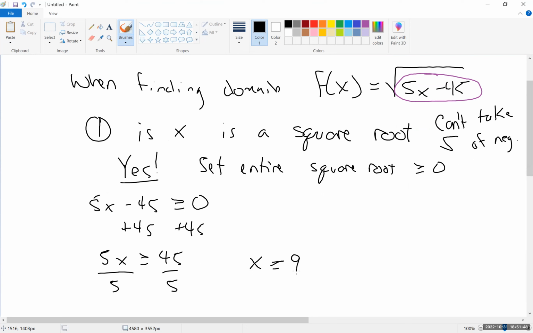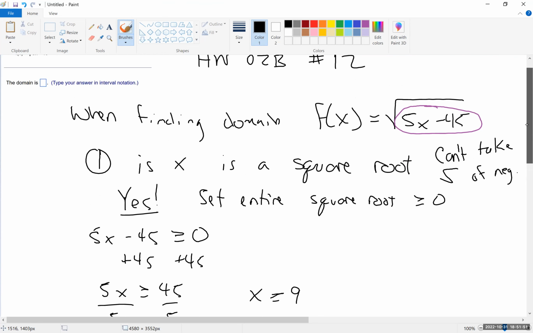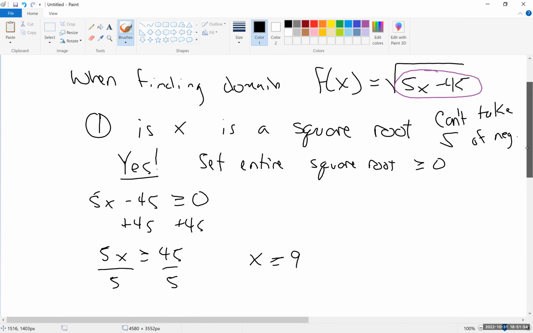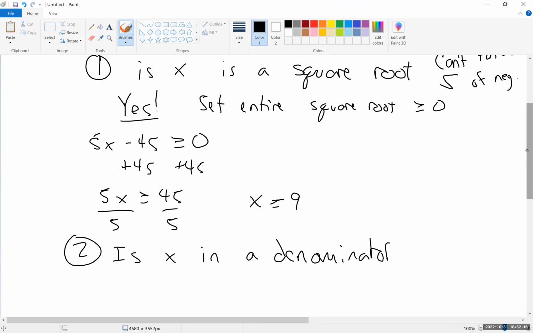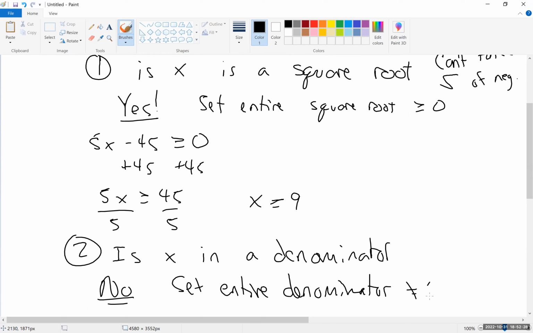Now, I'm going to jump back. There's one more thing that you have to worry about with domain, but it doesn't apply to this problem. The second thing is x in a denominator. Our problem, f of x equals the square root of 5x minus 45, does not have a denominator, so our answer here is no. But if it was, you'd set the entire denominator not equal to 0.